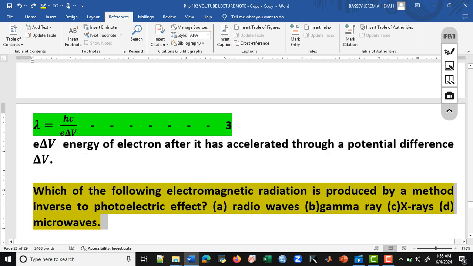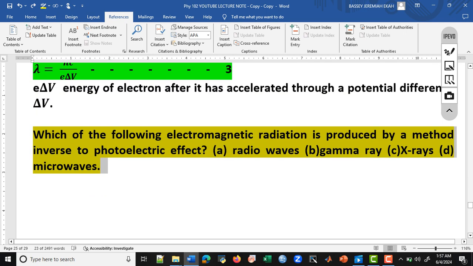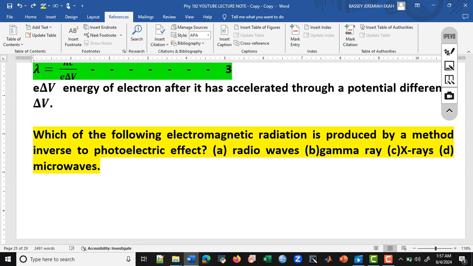Let's consider this other example or question. Which of the following electromagnetic radiation is produced by a method inverse to photoelectric effect?